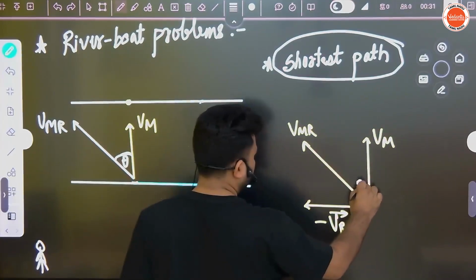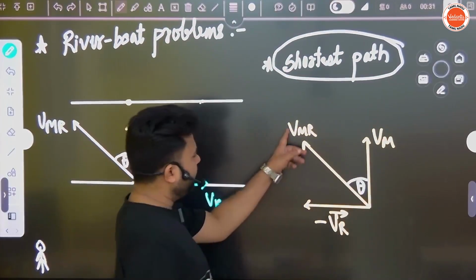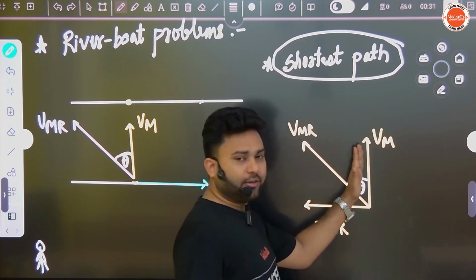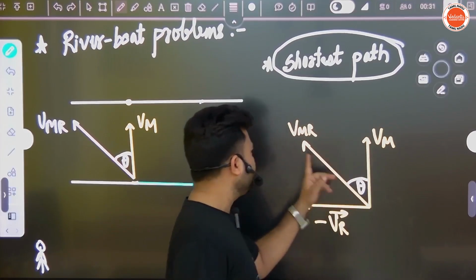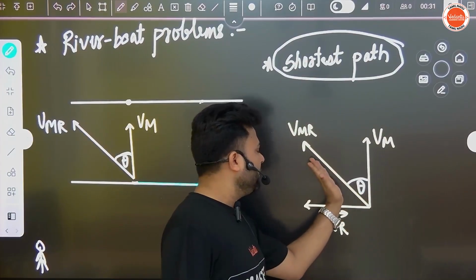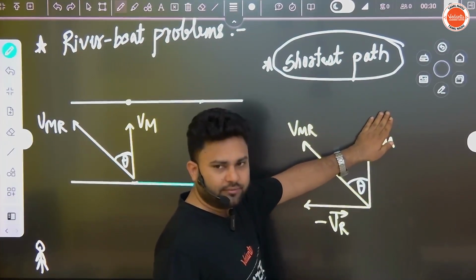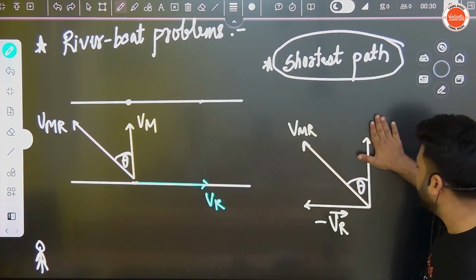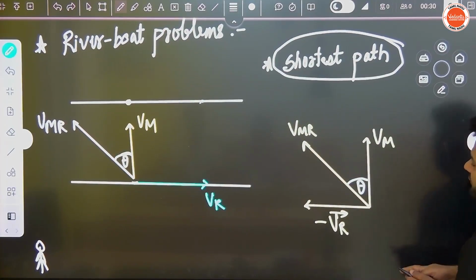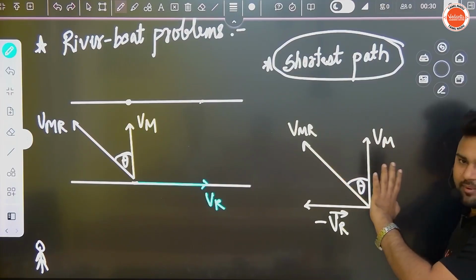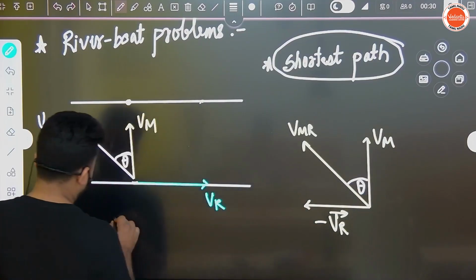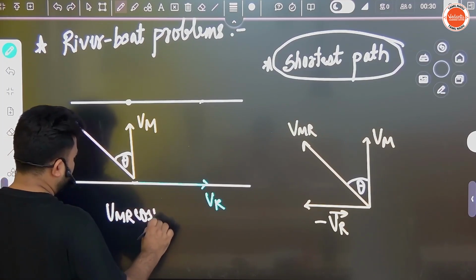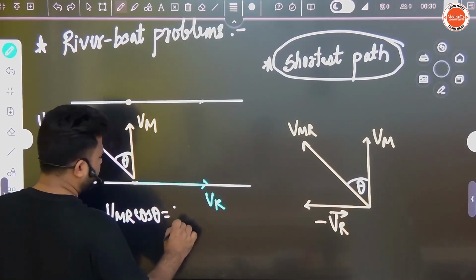Theta. So one thing we can say, VMR, see again, this is a vector, you rotate it towards theta, you get the cos component, means VMR, this is theta, so this will be VMR cos theta. Means what I am saying, see again, this is VMR, this is theta. If I rotate towards theta, we will get the cos component, VMR cos theta. So VMR cos theta is equal to VM.